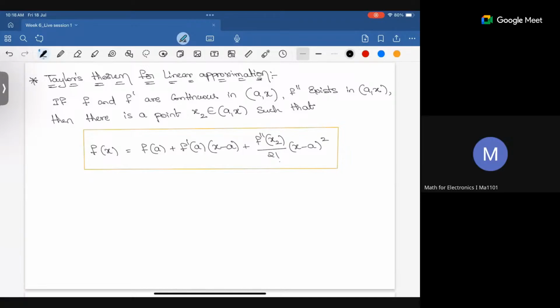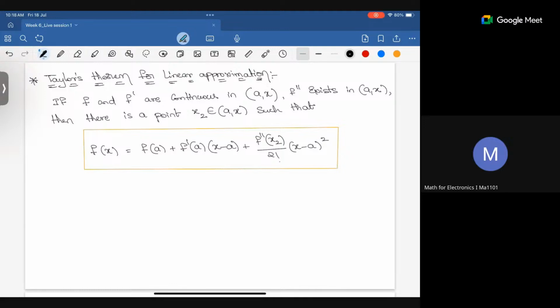Okay. So again, all these approximations, Taylor's theorem works on the idea of the mean value theorem. For linear approximation, at least, this is the statement of the theorem.